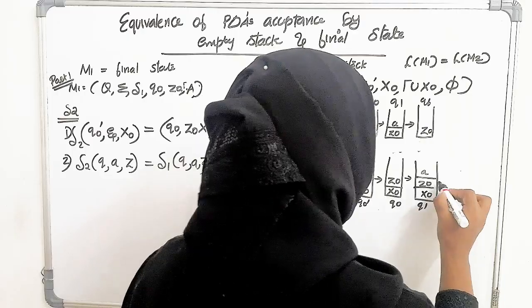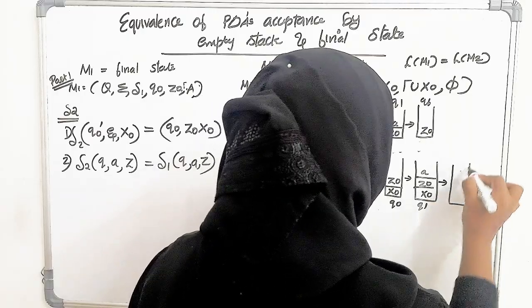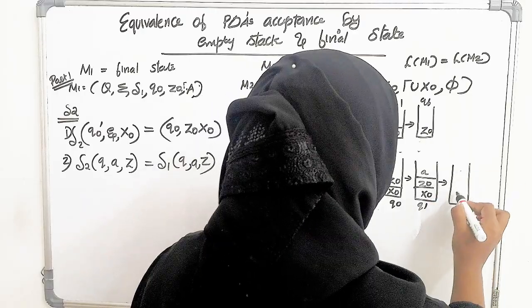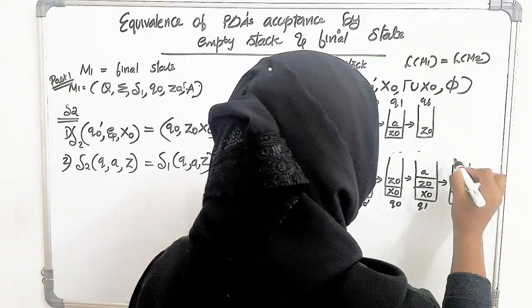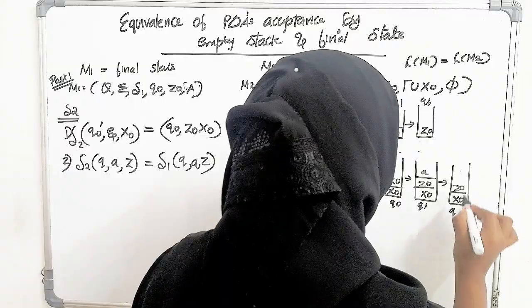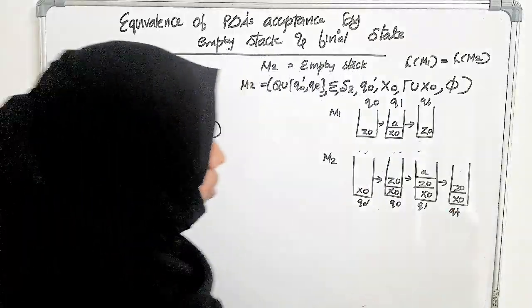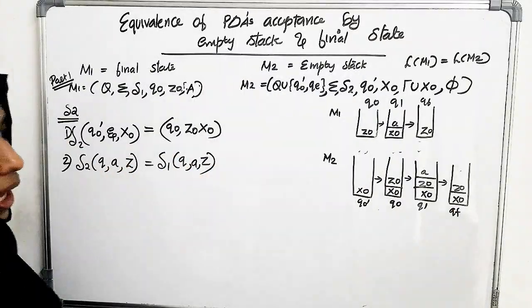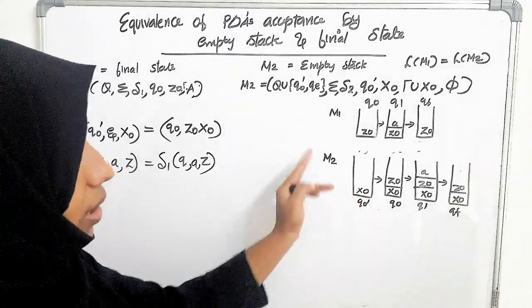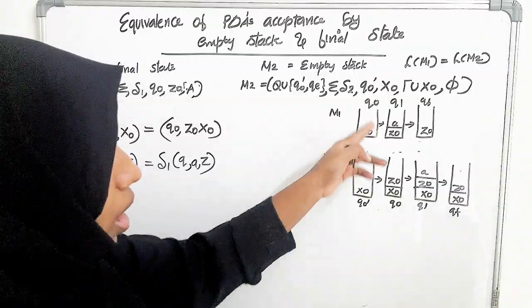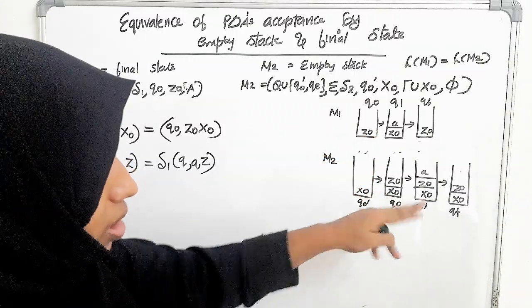M2 will also pop this A off of the stack and go to the same state. We don't have any final state indication for that. So M2 will be copying everything M1 does. That is, M2 will be simulating M1 after this first extra step.